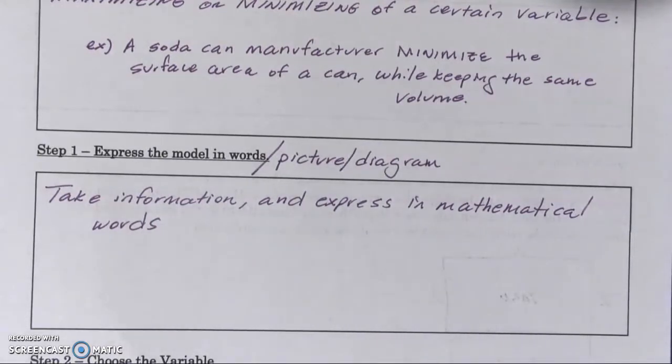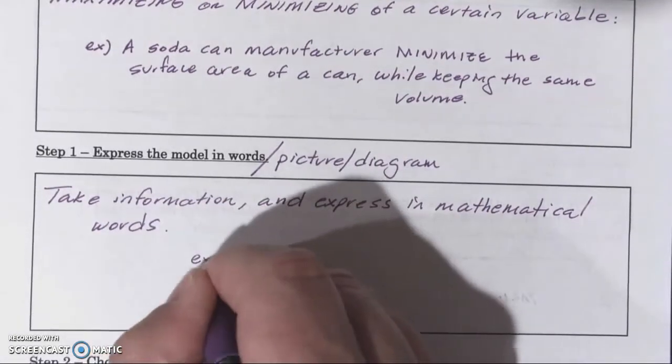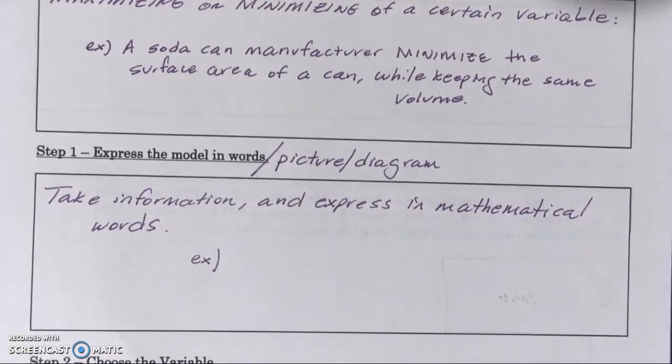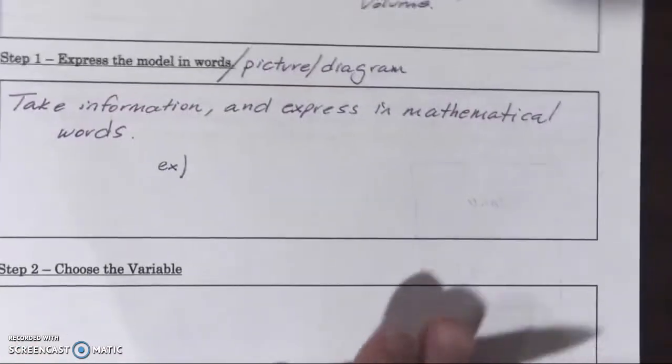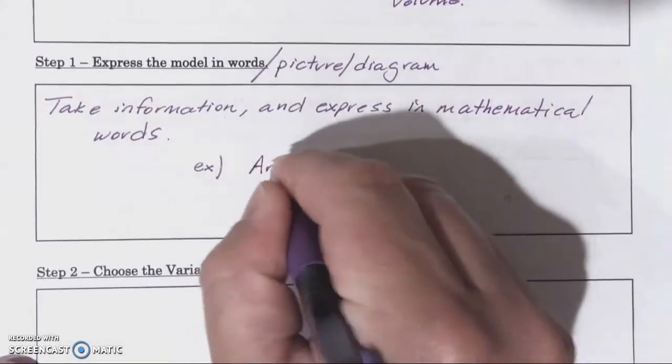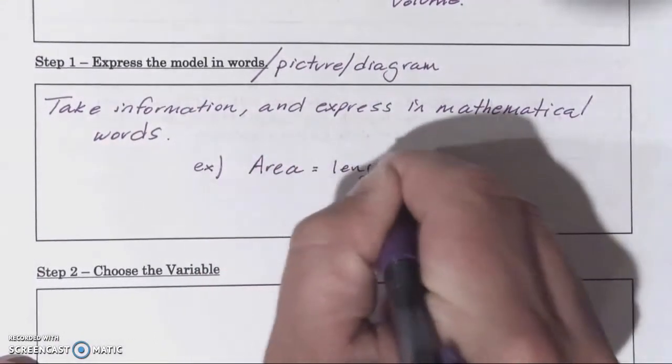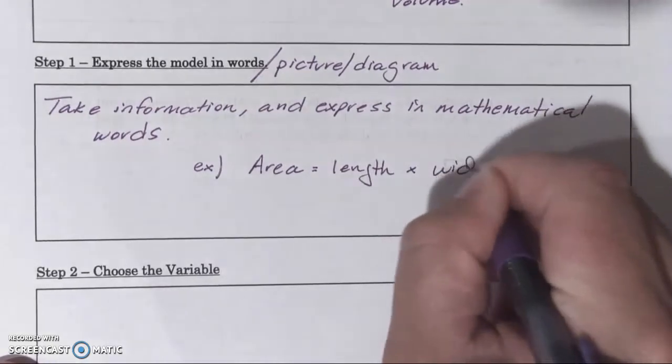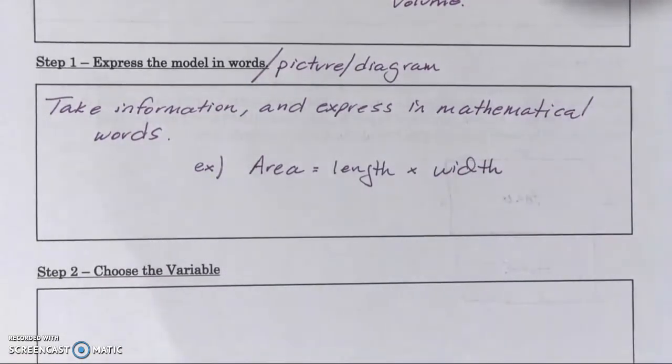Okay, and drawing something like that might also help you wrap your mind around what we're trying to do in this problem. Okay, but very simply, for example, maybe we're trying to maximize, again, one of those words here for optimization, the area of something. So in words, area equals length times width, base times height. Maybe we're maximizing the area of a rectangle. Okay, and the area of a rectangle is length times the width. Maybe writing that down is going to give you an idea of how to get started in that problem.